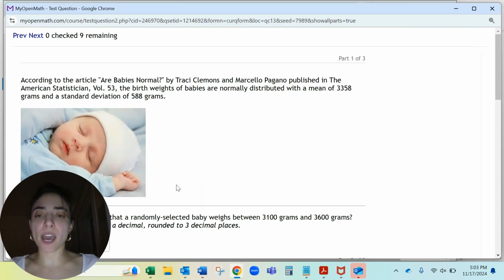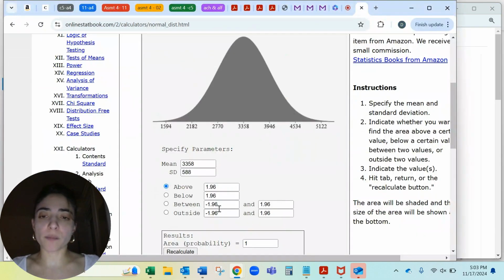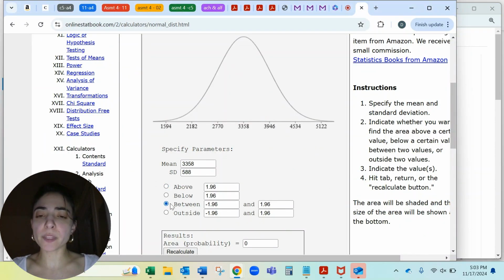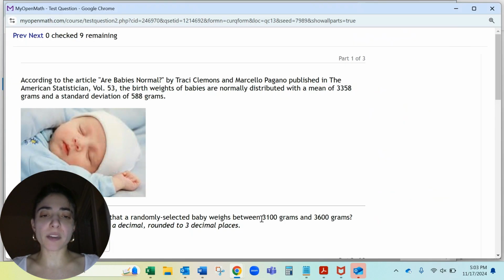The question also asks, what is the probability that the baby you pick weighs between this and this? In other words, I am going to go in the calculator to calculate this probability. I'm going to select the option between, and here I will type in the grams that were given.